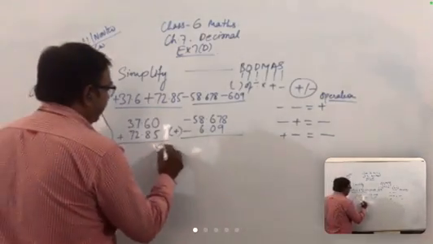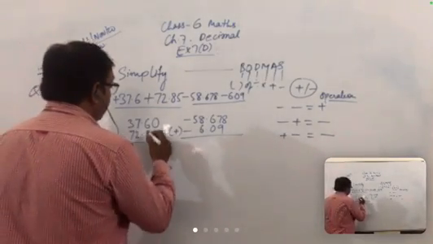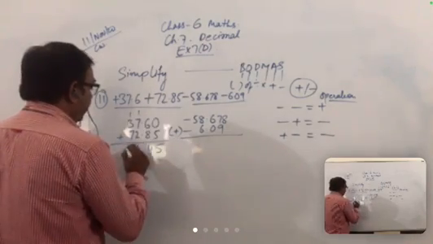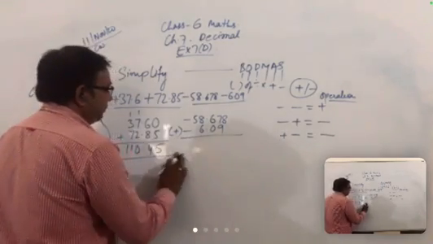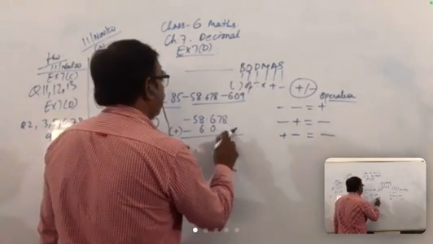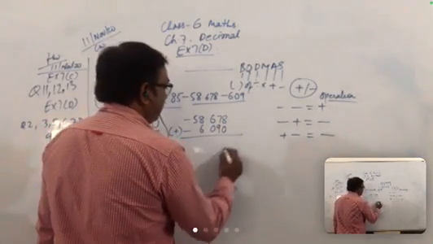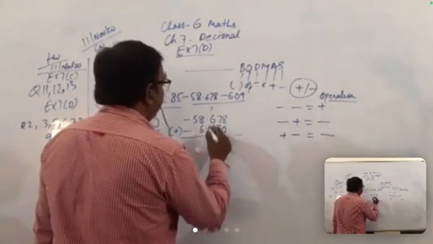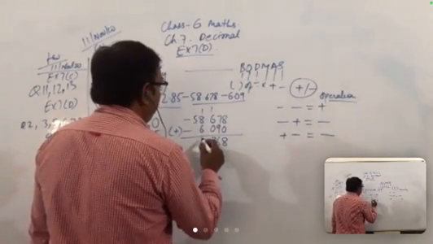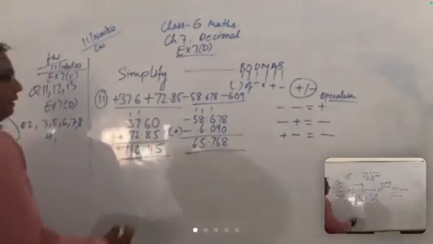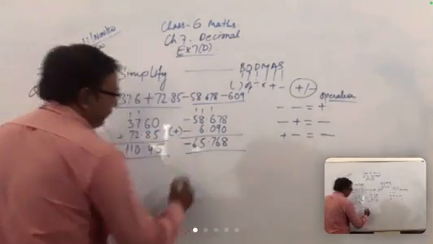So we add: 5, and this is 14, 1 carry, 7, 3, 10, 1 carry, 10, 1, 11. Now 9, and this is 0, so it will be 8, this is 16, 1 carry, 17, 1 carry, 15, 1 carry, 6, and now it is negative.